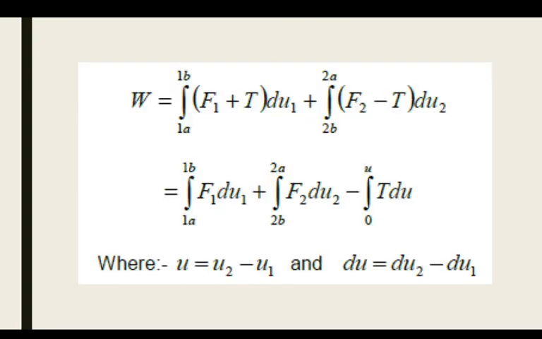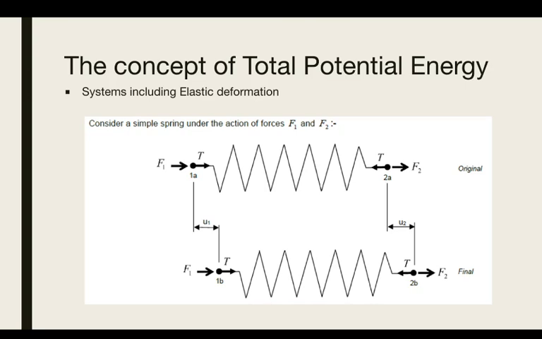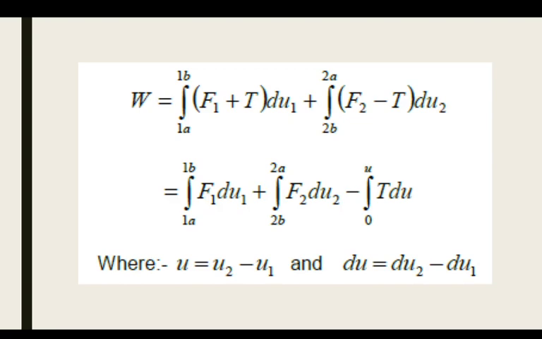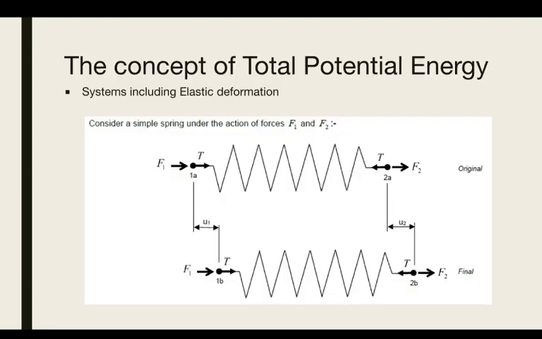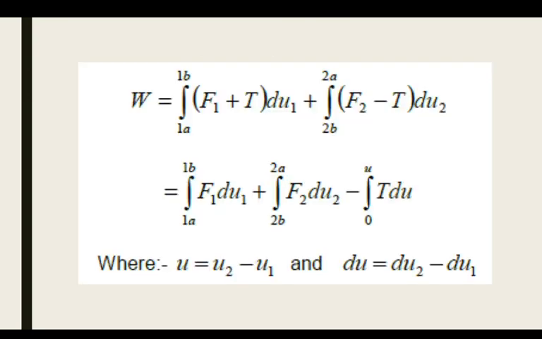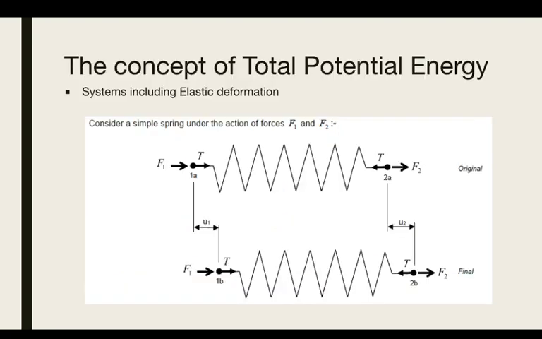Now if you integrate from point 1A to point 1B, which has a displacement of u1, you get F1 plus T, that is the force acting on the spring with respect to point A and point B.